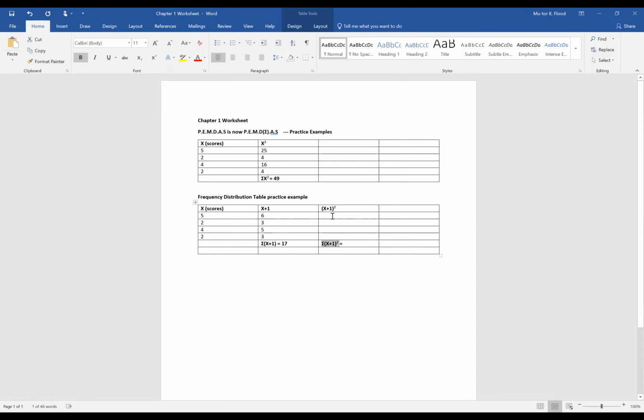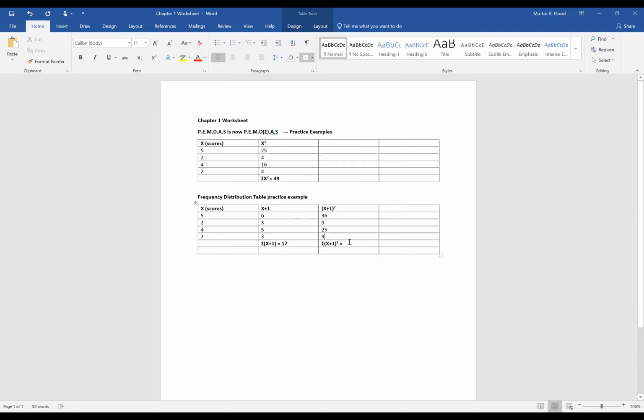All right, so if we're starting this one, we have the value of the scores plus 1. And if we square those scores, 6 squared gives us 36. 3 squared gives us 9. 5 squared gives us 25. And 3 squared gives us 9.